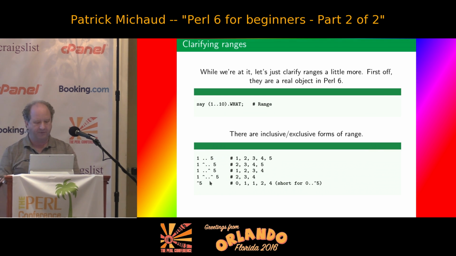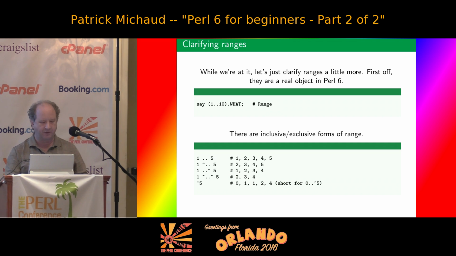There are also forms of the range operator that are inclusive and exclusive. So 1..10 means the range from 1 to 10, including 1 and 10. But if you put the carets on either side of the range operator, then you're saying exclude that endpoint from the range. So 1^..5 means 1, but not including 1, up to 5. And 1..^5 means 1 up to 5, but not including 5.